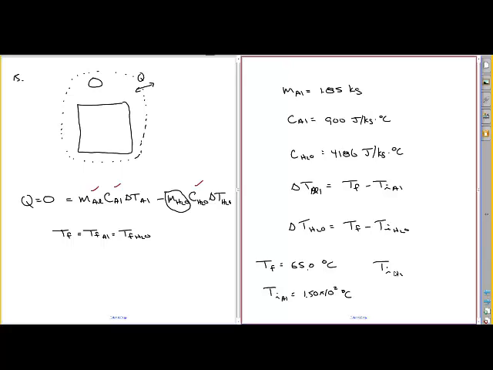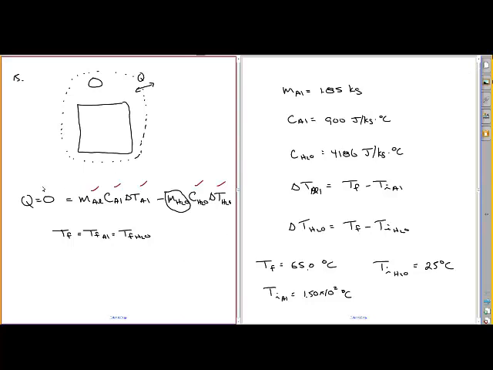So T initial of the water equals 25 degrees C. This is lower than the final temperature, while the aluminum's is higher than the final temperature. That's why it comes to some intermediate value depending on the ratio of the masses. Now that we've got everything, we can solve algebraically and then plug the numbers in.